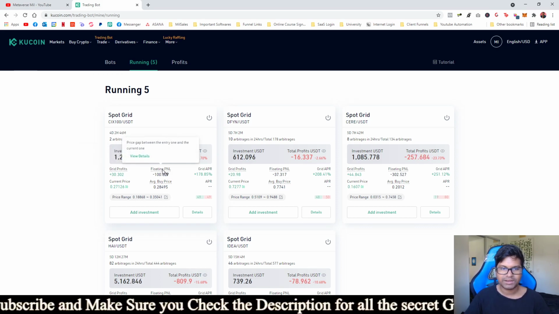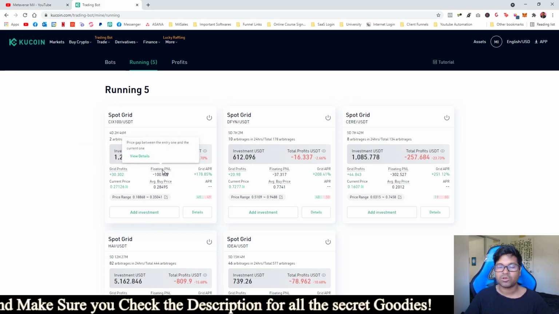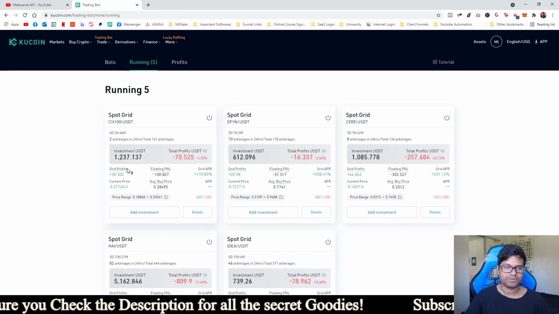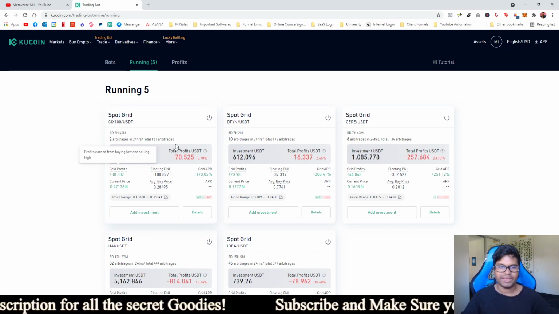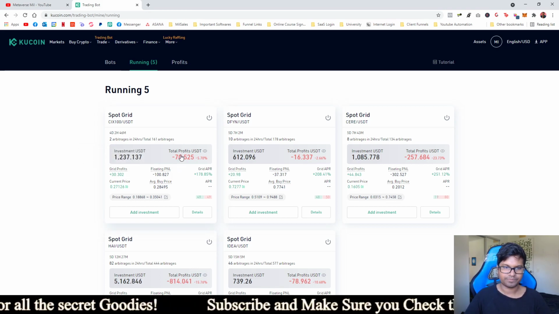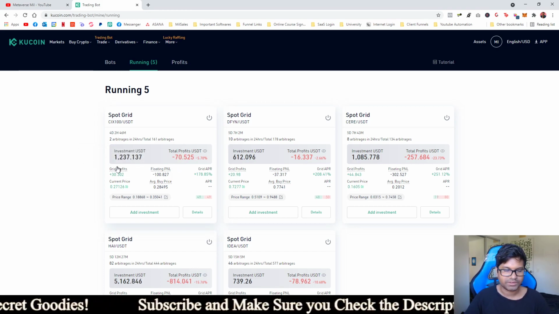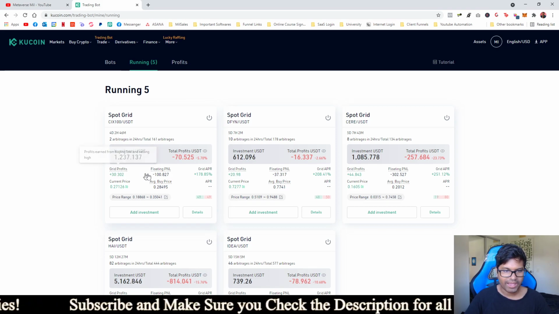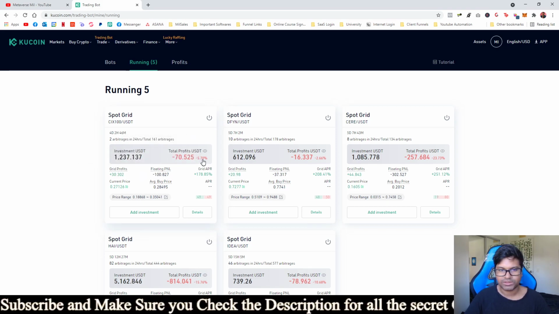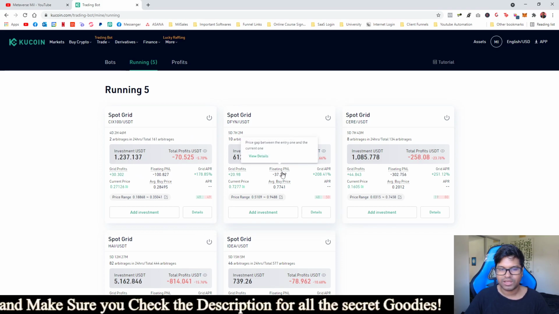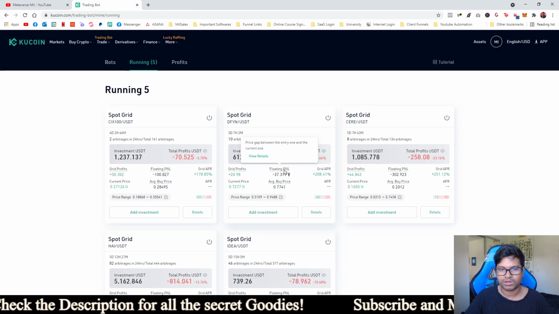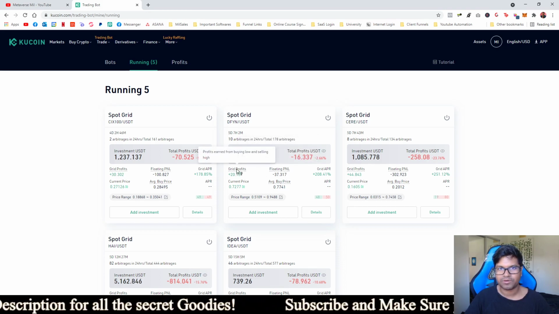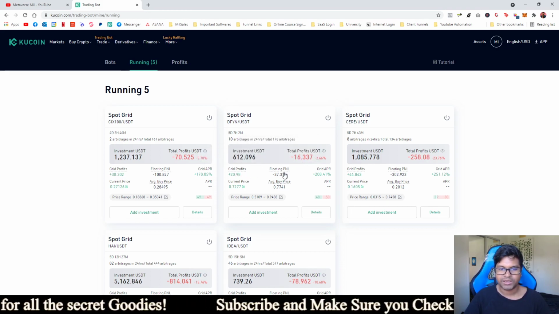So floating PNL is how much you are gaining or losing overall. The grid profit is how much you have actually made from buying and selling, and total profit is the combination of these two things. When you add these two numbers together, you get the total profit.